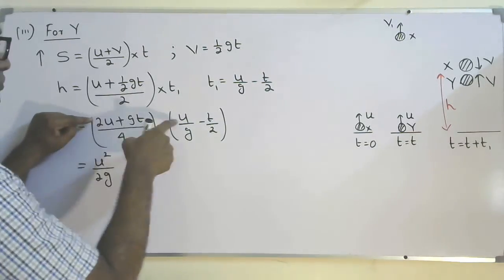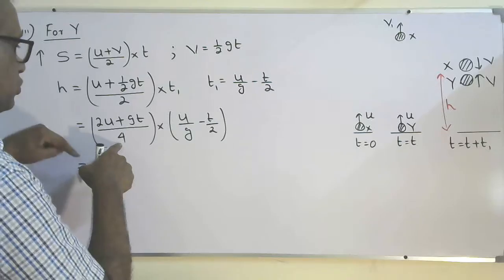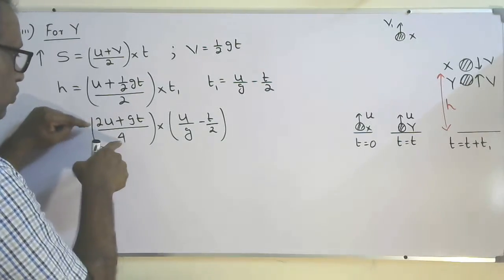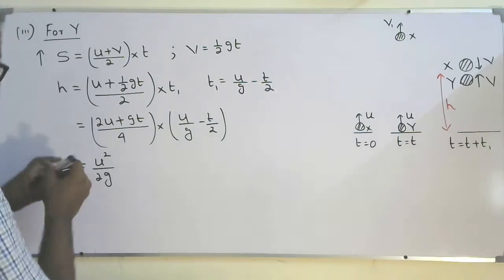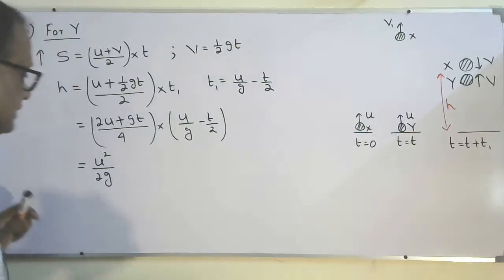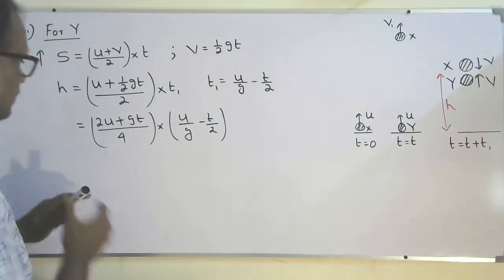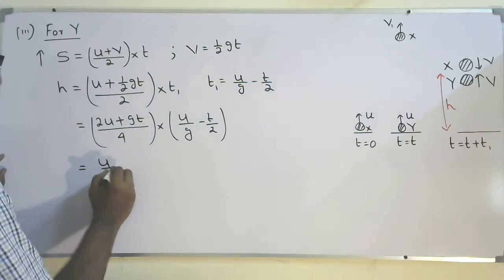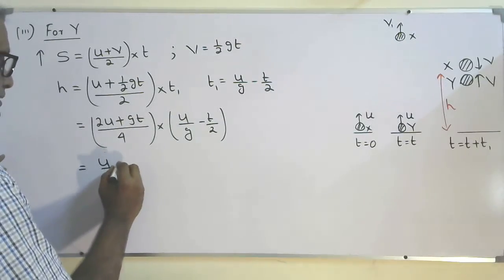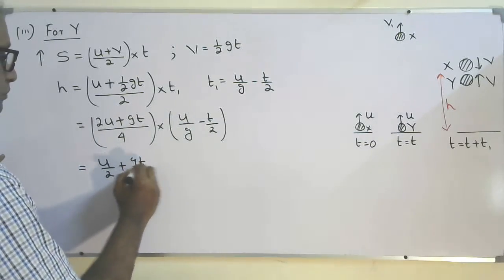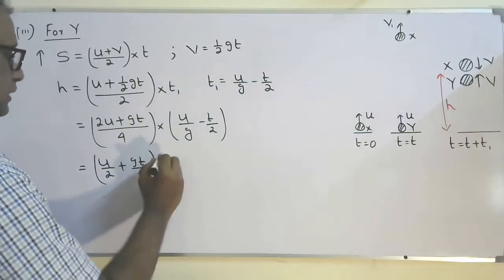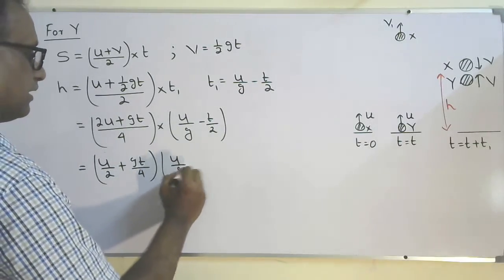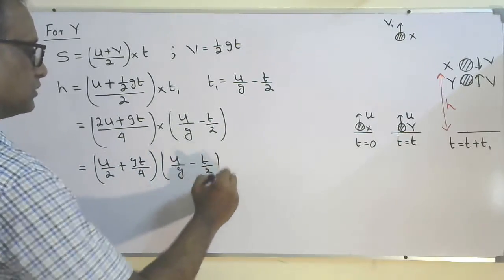Then again, gt over 4. If you want, I can expand this and write it, that's easy. That is u over 2 plus gt by 4 into u over g minus t by 2.